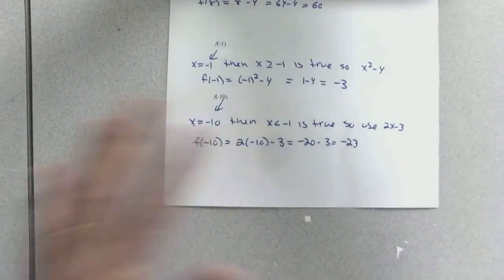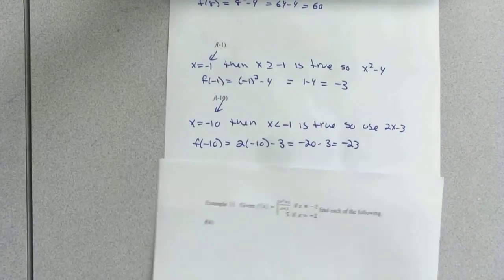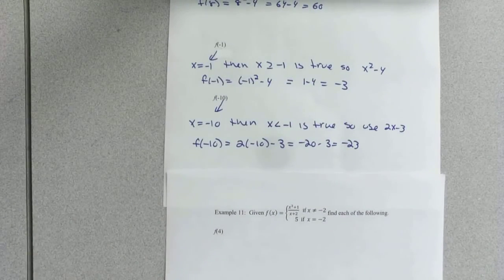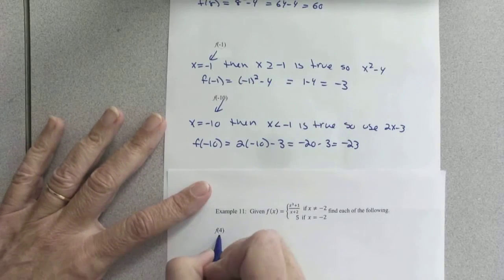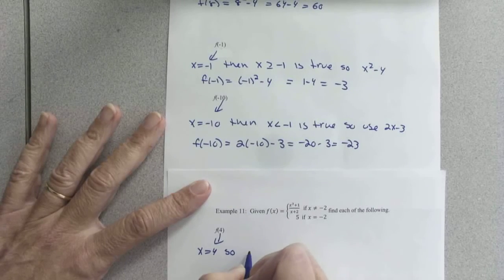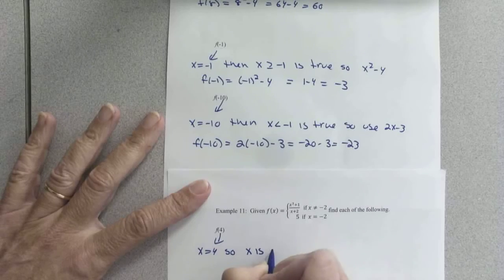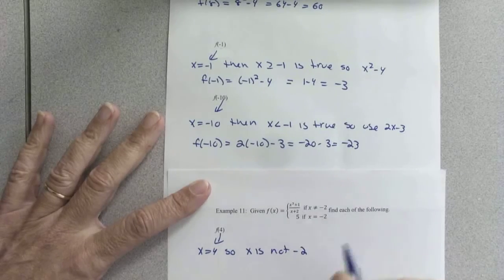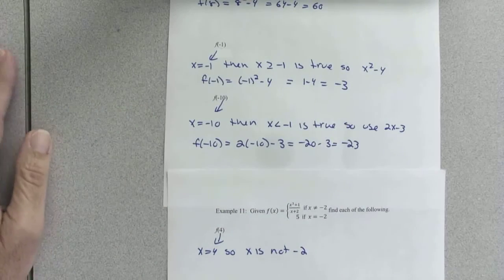Two more times and we'll be done. Got a new function there, so there's my new function. We can see it. Find f of 4. Same deal. X equals 4, so x is not -2. That's what's true. X is 4.